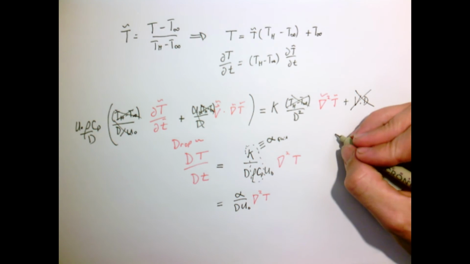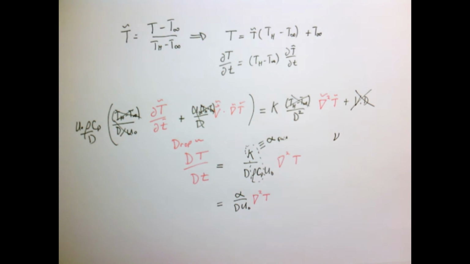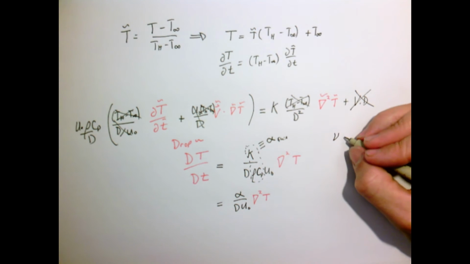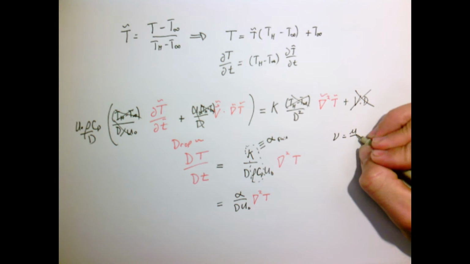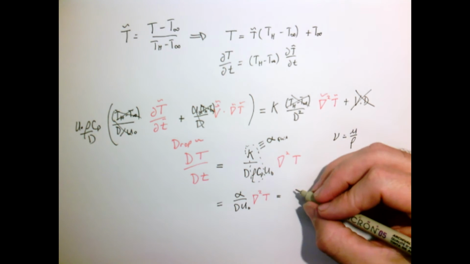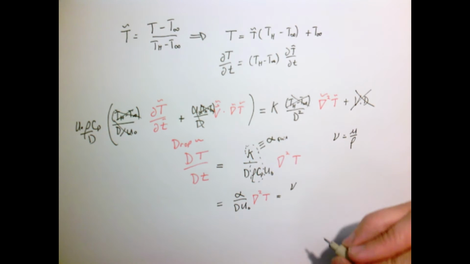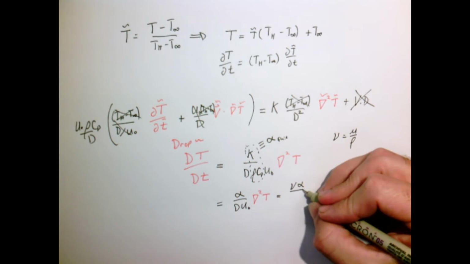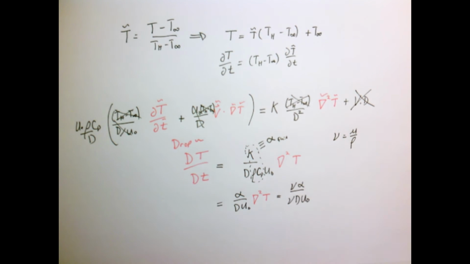But if I also remember the diffusivity of momentum, or the kinematic viscosity, is defined as mu over rho, I can do what seems at first like kind of an arbitrary substitution, but it'll get us somewhere, which is I can multiply the top and the bottom by that.